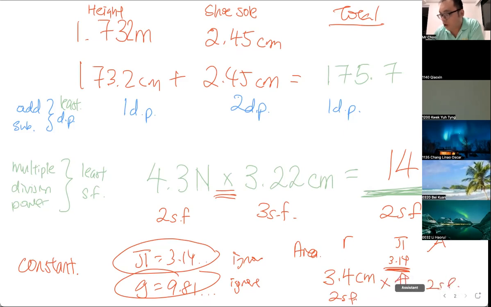You ignore your constant, you don't take it into account. Just use whatever experimental data, the SF or DP, to calculate. Is that clear?